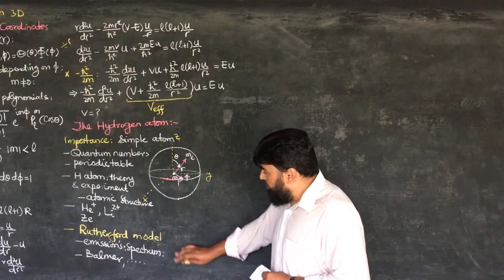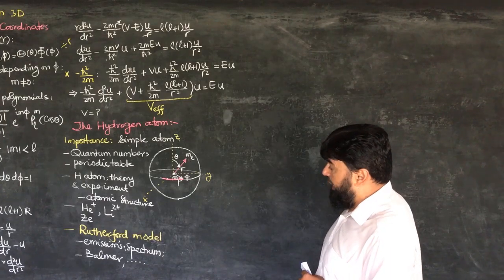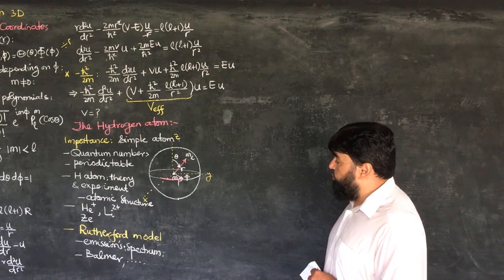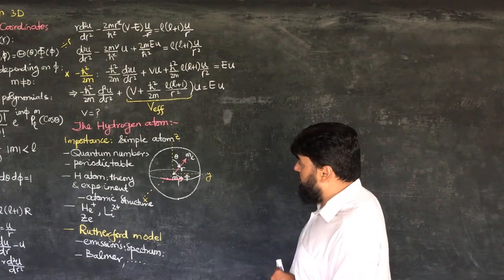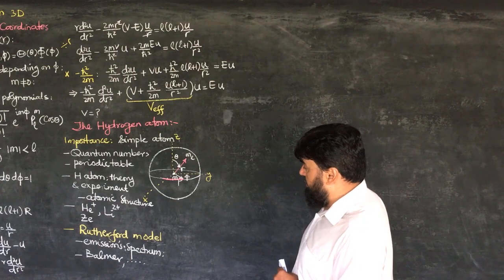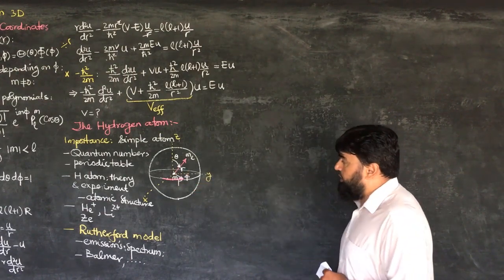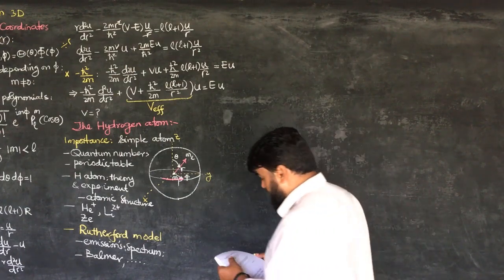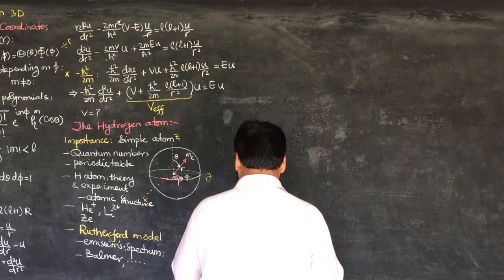So Bohr came up with a fantastic idea, and it was miraculous as well, because without any valid mathematics, it was supposed that the orbits around the nucleus in which the electron is orbiting are fixed, and he laid down some principles for it.